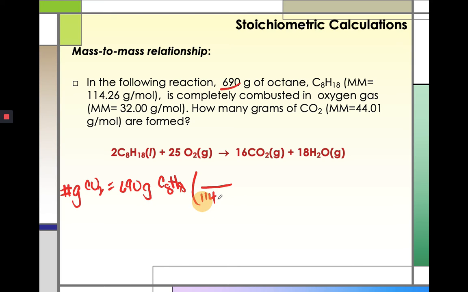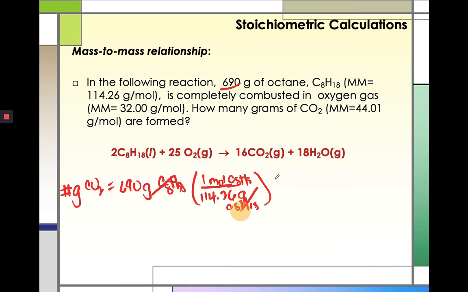So 114.26 grams of octane, C8H18 here, and then on top is your moles of octane, mole C8H18. Again, we are using the molar mass of octane to get the number of moles of octane. So we can cancel this out. Now we have the number of moles of octane.